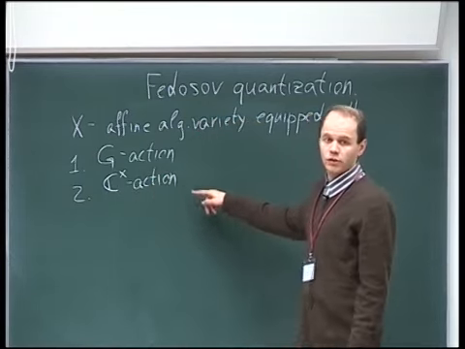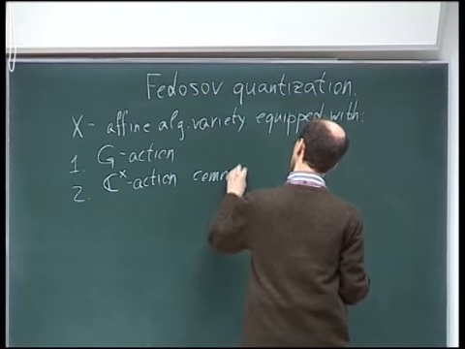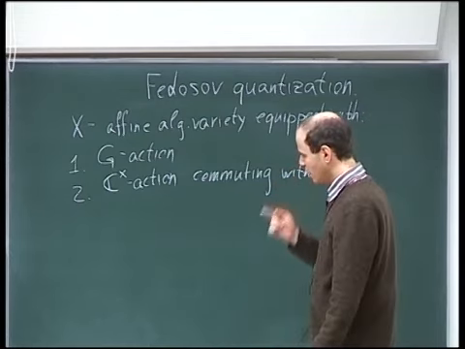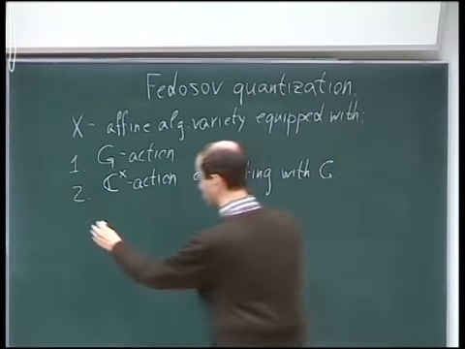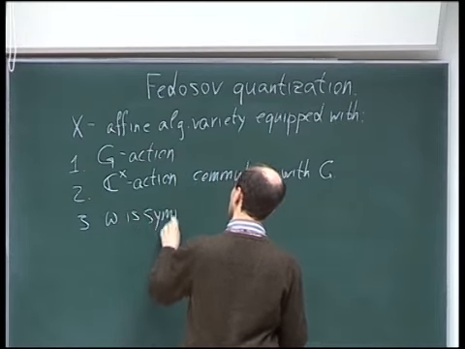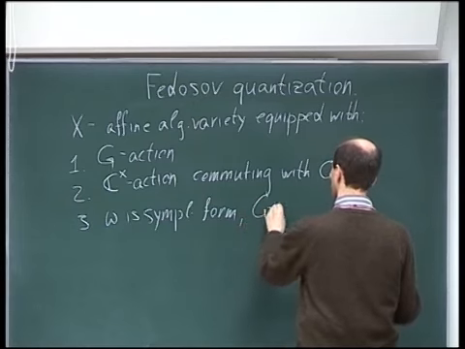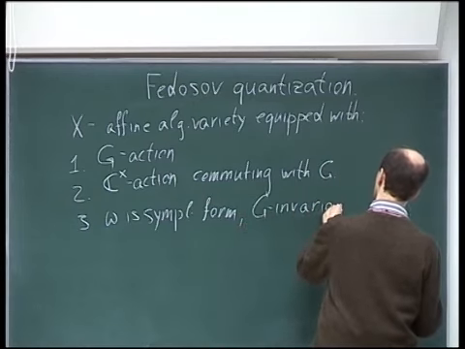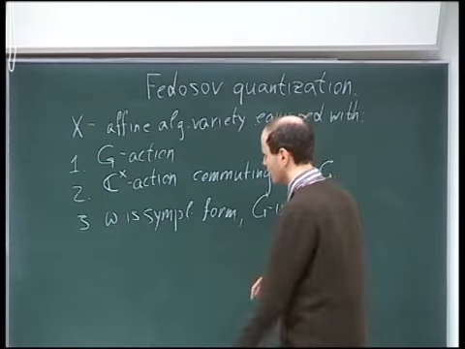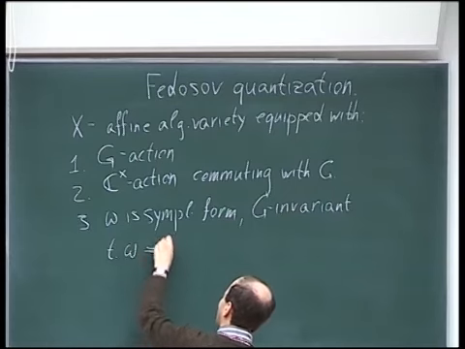And these two actions should commute, like in our case. And finally, and probably most importantly, a symplectic form. So omega is a symplectic form, and it should be G-invariant. And it should be, well, not invariant with respect to the torus, but rather it should be rescaled by the torus.